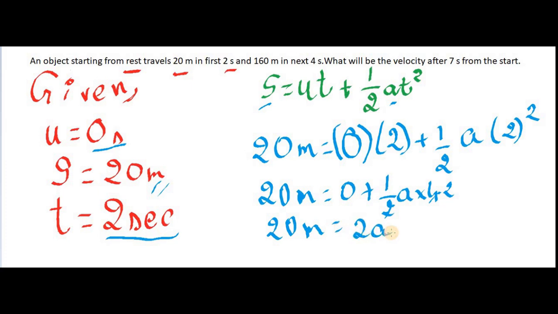Then a would be nothing but 10 meters per second square. So this is the value that we have got here. What is it, do you think? It's nothing but the acceleration in the first part of the question, that is in the first 2 seconds of 20 meters.